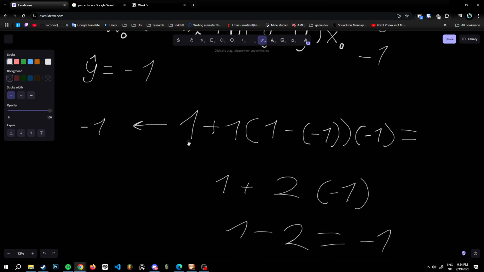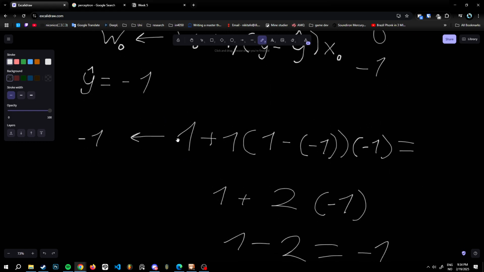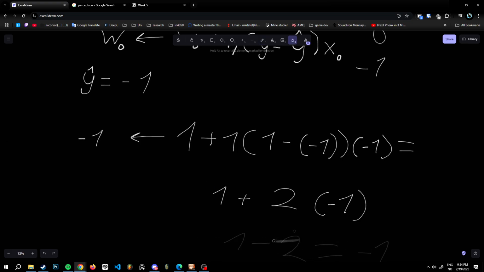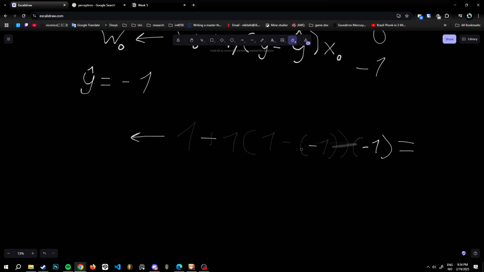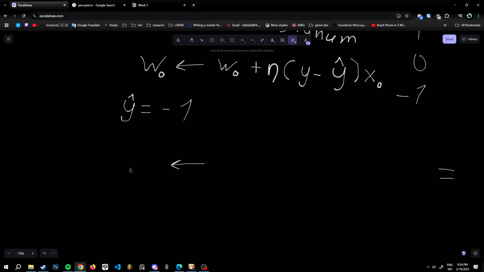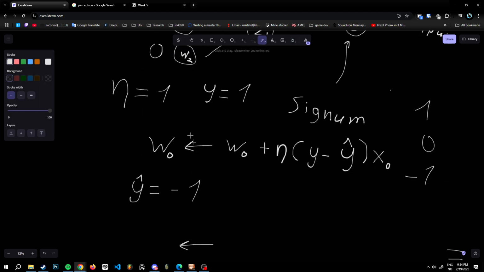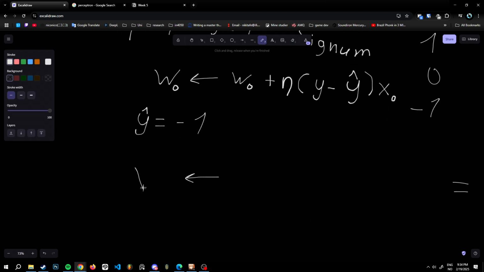And now we can do basically the same with the rest. So let's remove all of this, and we're just gonna go through it way faster now. And now we will do it for the second weight.